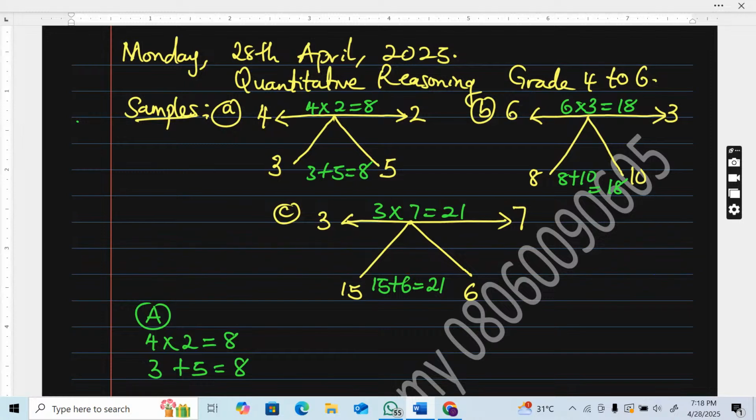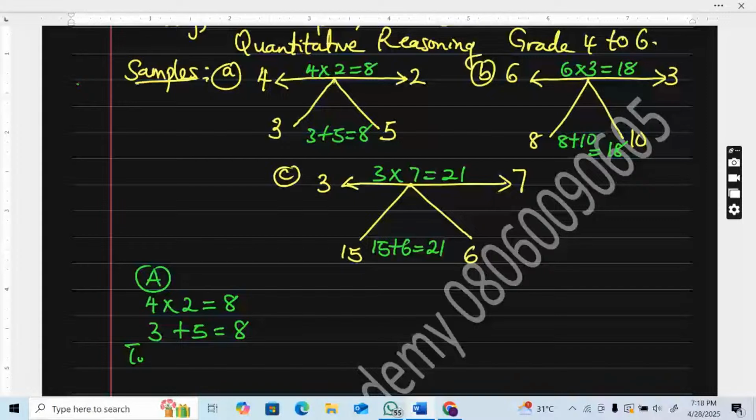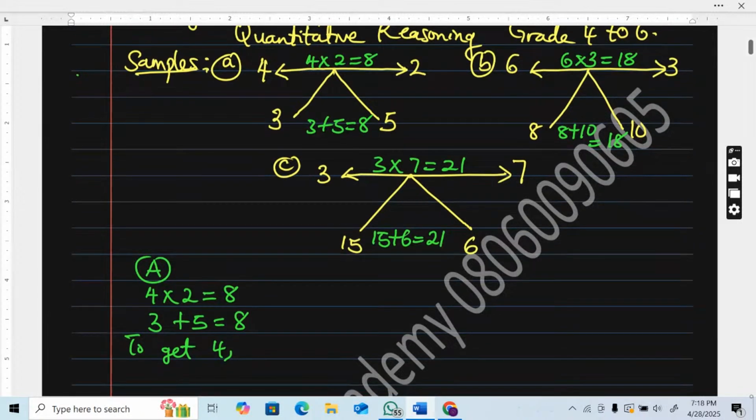Now, how do we figure out 4 in sample A? To get 4, we are going to divide 8 by 2. Okay, let's assume we don't even know that it is 8.